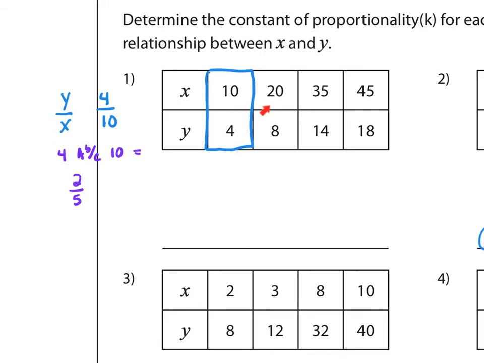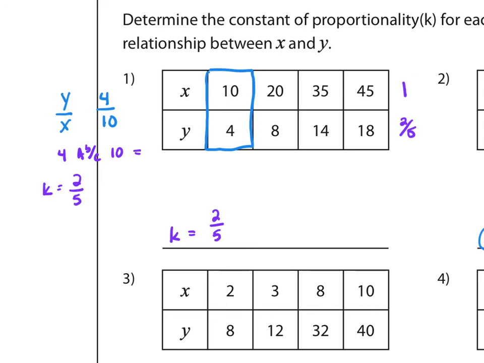And if you do that with any of these y over x values, it's going to give you the reduced value. So it turns out that the k value in reduced form, left in fraction form, would be 2/5. So our k value, our constant of proportionality, is 2/5. And if I put this on the table, it would mean that 2/5 would be in the y column for 1 of whatever x happens to be.